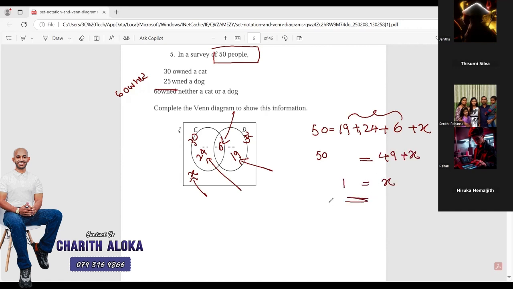X equals 1, since 50 minus 49 is 1. Right? Good.